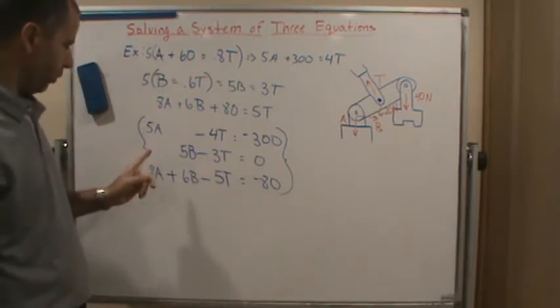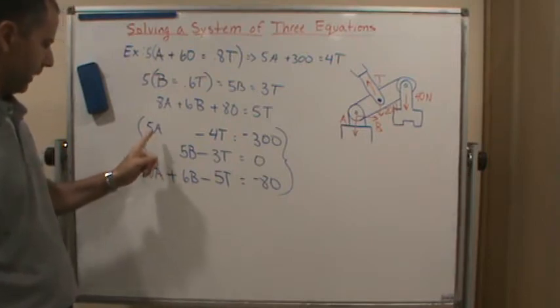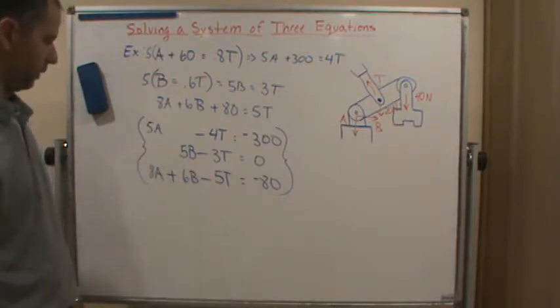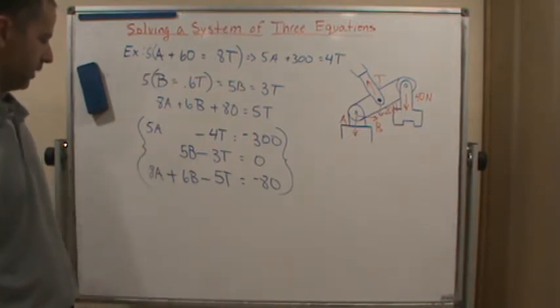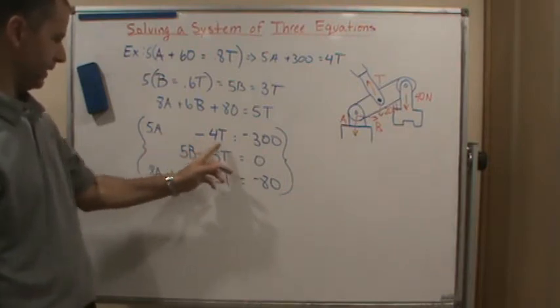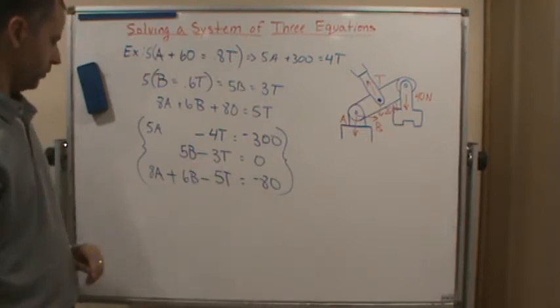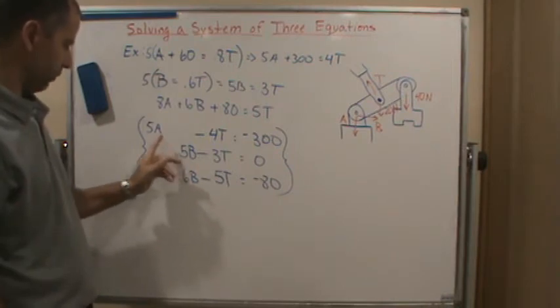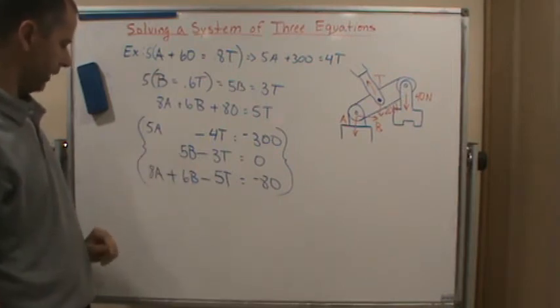Since we've already got 2 equations that only have 2 unknowns, but they don't have the same unknowns, right? This is an A and a T, this is a B and a T. So we're going to have to use this one to get rid of one of these.